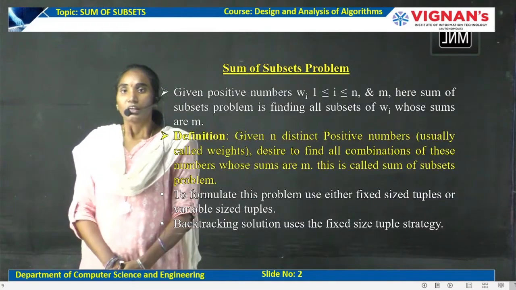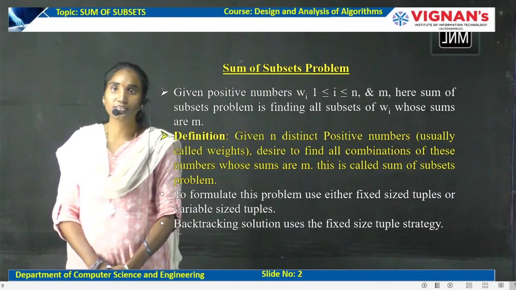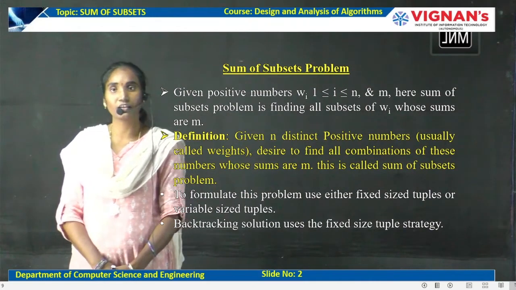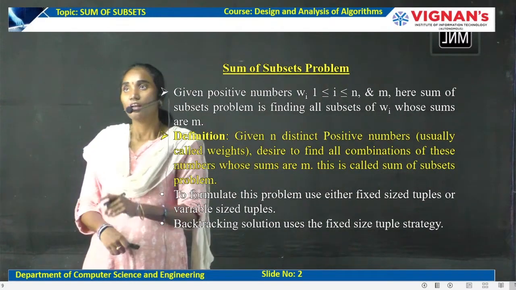Here, given positive integers from 1 to n, there are n positive integers.